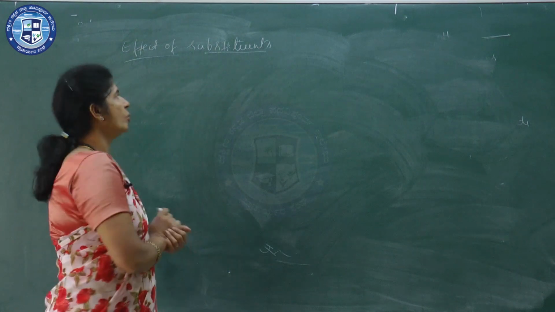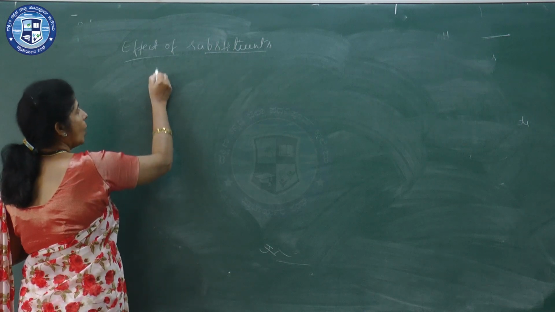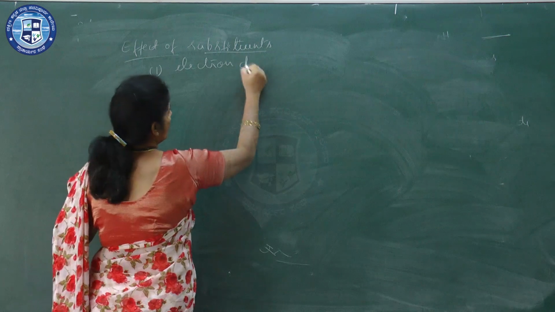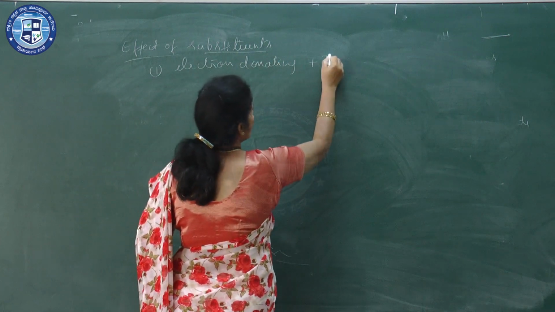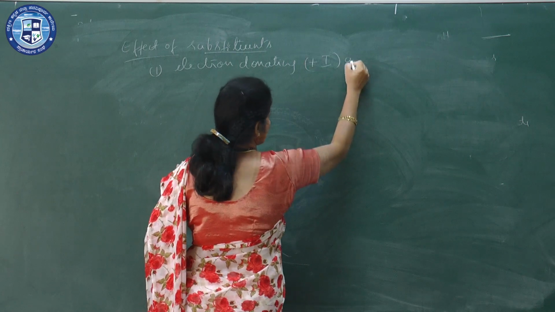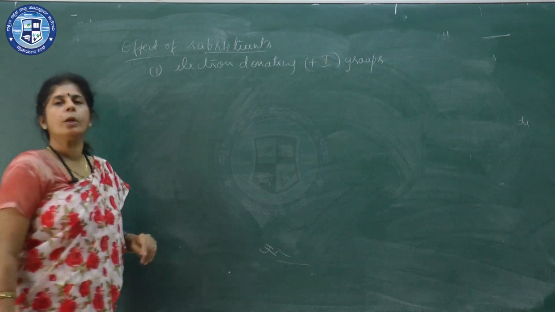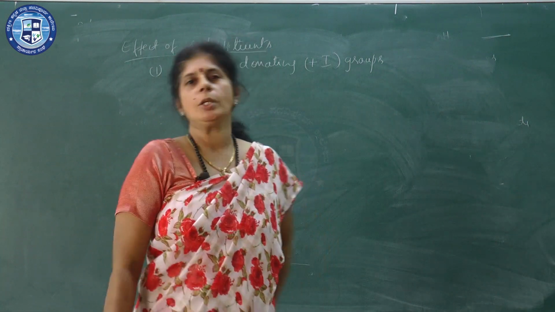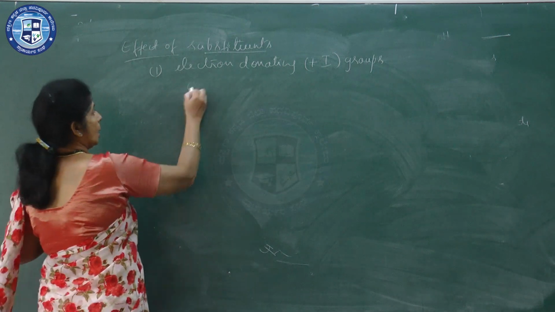Now let us go for the effect of groups. Already we have two kinds of groups. One, electron donating groups, which we call plus I groups. And another one is electron withdrawing, minus I groups. For electron donating groups, the example is alkyl groups.